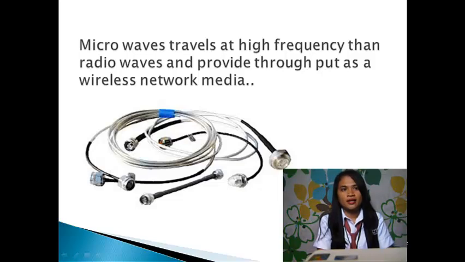Terrestrial microwaves are used to transmit wireless signals across a few miles. Terrestrial systems require that parabolic antennas be pointed at each other. These systems operate in a low gigahertz range. The satellite microwave transmission is used to transmit signals throughout the world.